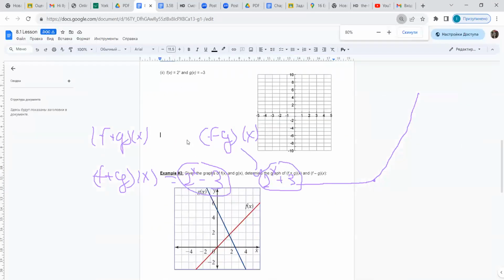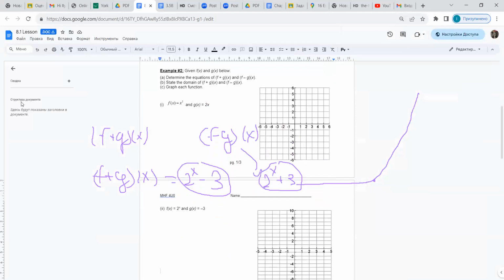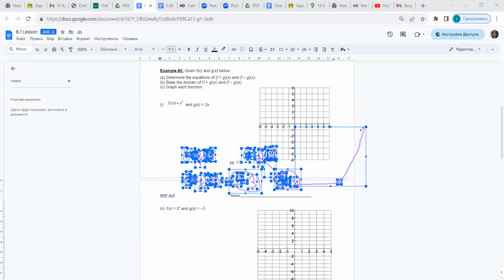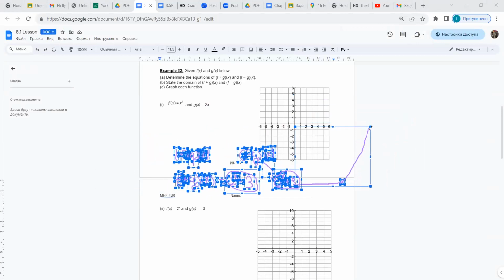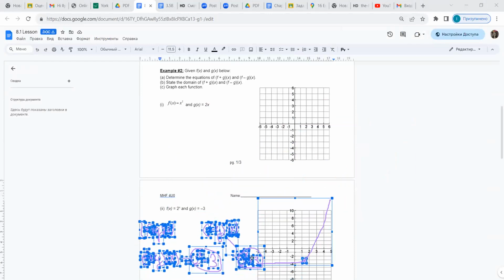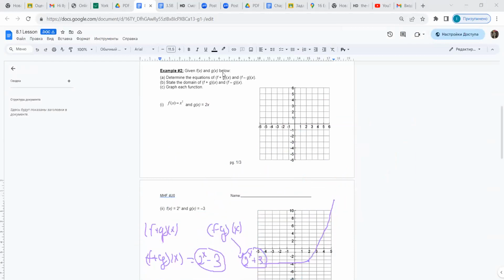If you want me to zoom out, I can do that. But is this better now? Okay, take around 5 minutes on this one, and once I get back to you, I'll ask one of you to show me the graphs that you got, okay?